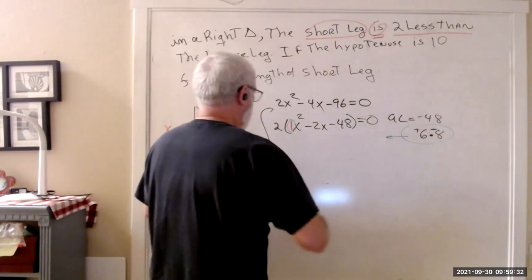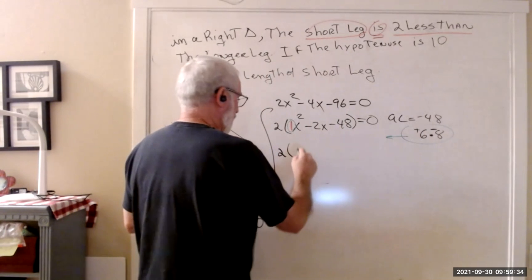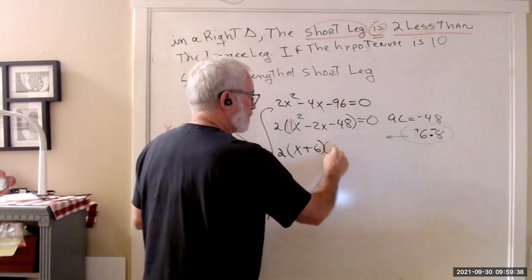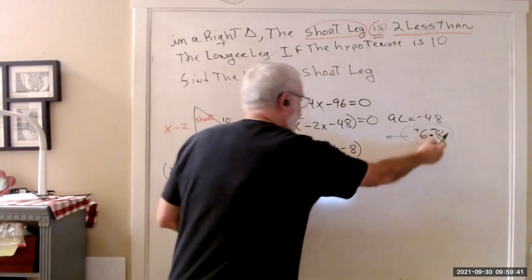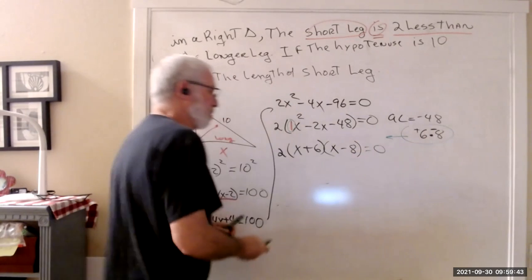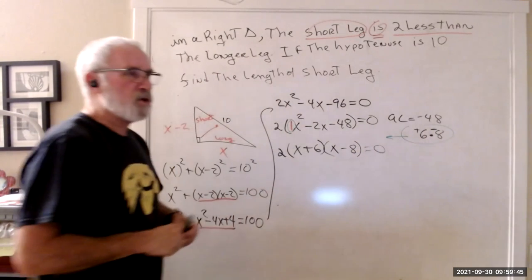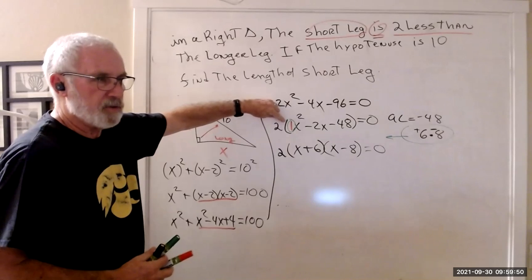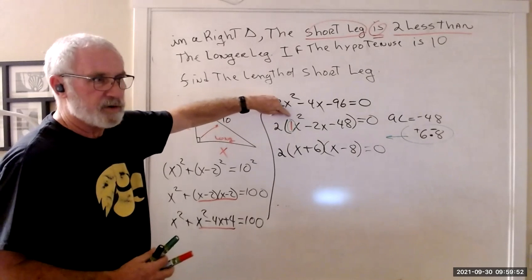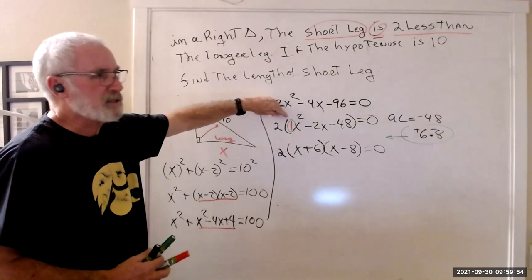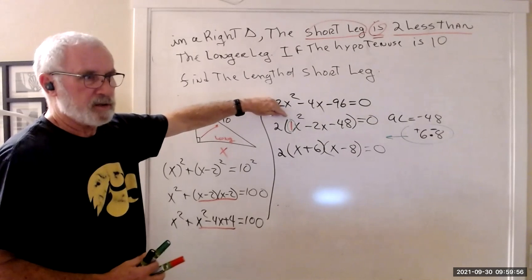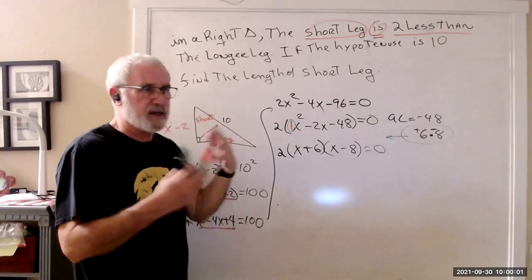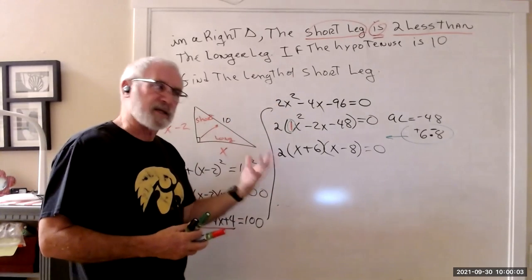So I get 2 times parentheses x plus 6, parentheses x minus 8, equals 0. You can only use that shortcut when the coefficient of the x squared is a 1. But that's a really powerful shortcut. Now, if you wanted to do all the grouping and all that kind of stuff, go right ahead. You're going to get the same answer.